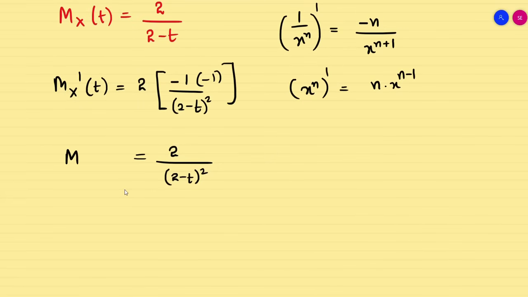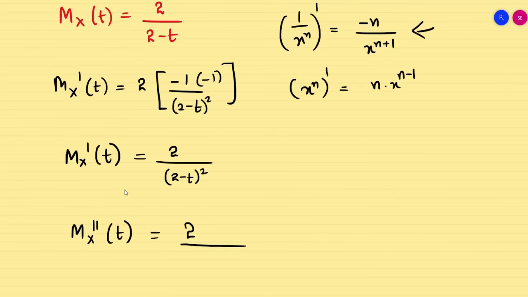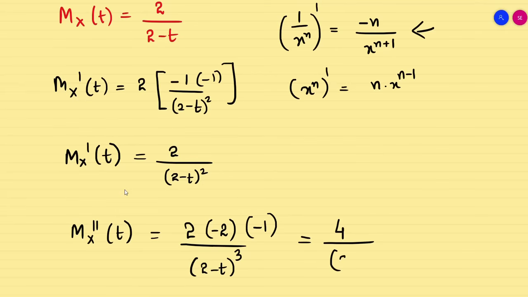This is my Mx dash of t. When I go for the double dash, 1 by x square differentiation is minus 2 by (2 minus t) whole cube, and 2 minus t differentiation is minus 1. So it is going to be minus into minus, plus 4 by (2 minus t) whole cube.